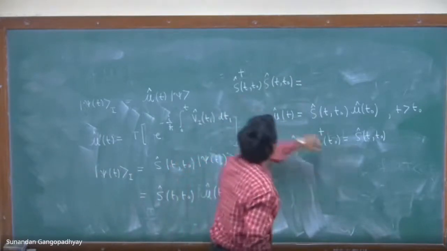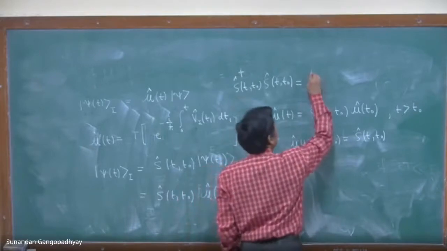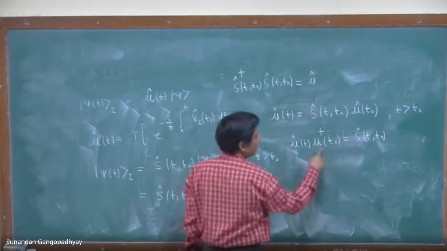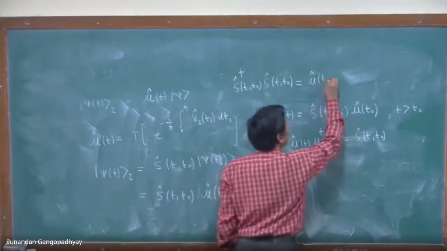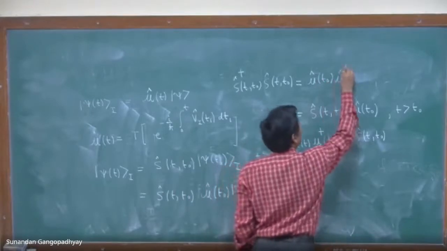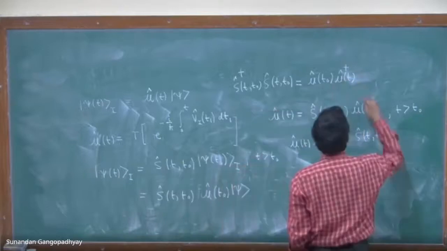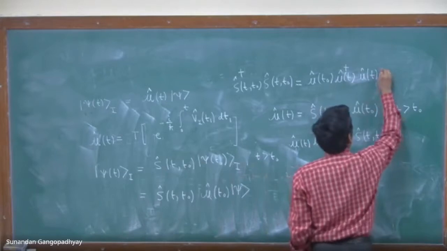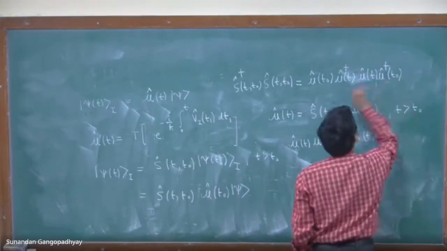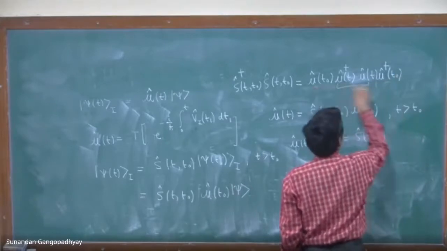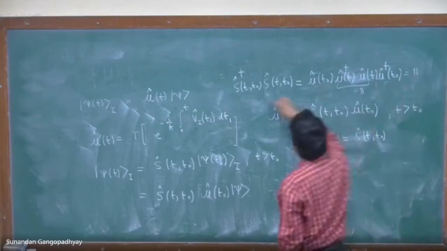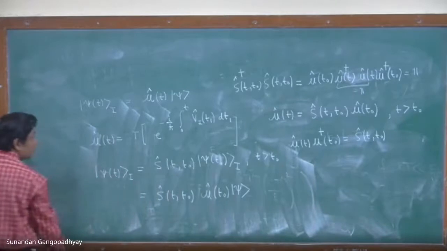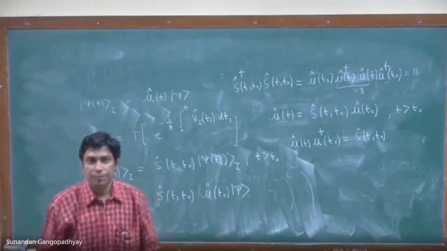S hat is this, so S hat dagger will be U hat t naught U hat dagger t, and then S hat, which is U hat t U hat dagger t naught. This is identity, and then this is equal to identity. Therefore, this is identity, and similarly, you can show that S S dagger is also identity. Therefore, S hat is a unitary operator. So that is quite straightforward.